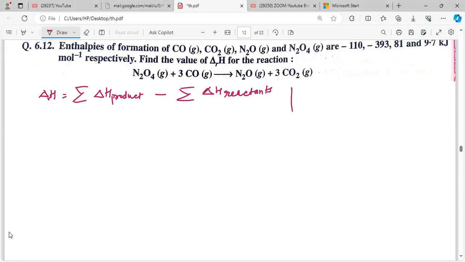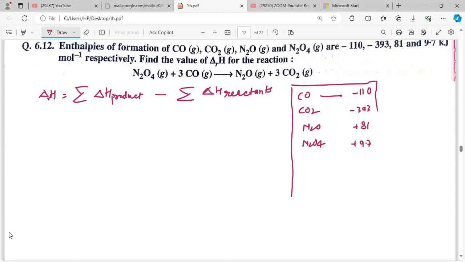So let us first take the values. CO, CO2, N2O, N2O4: minus 110, minus 393, plus 81, plus 9.7. This is based on enthalpy of reaction. Enthalpy of reaction is the sum of enthalpy of formation of product minus sum of enthalpy of formation of reactant.